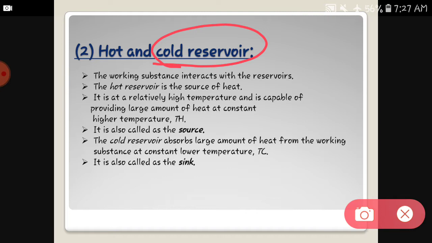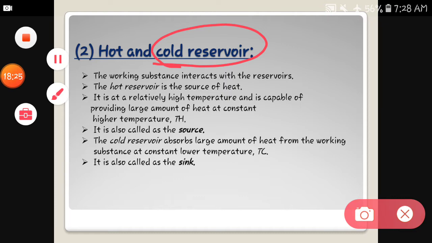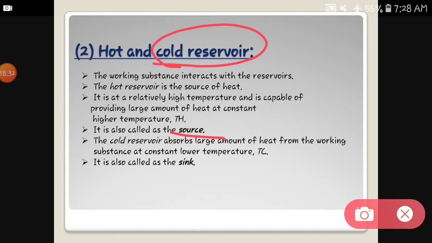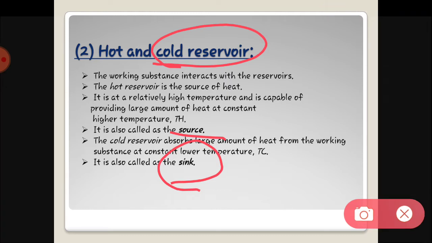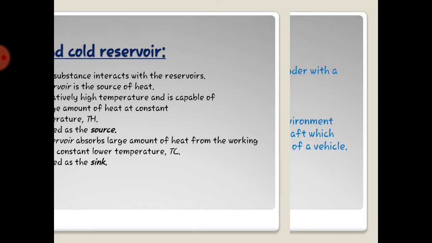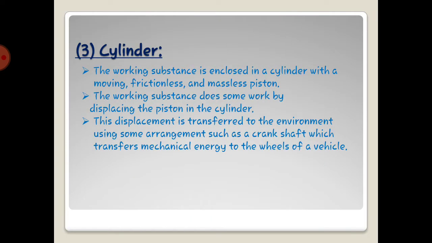So this is the basic difference between source and sink. Source deals with higher temperature and gives out the heat, and sink is at lower temperature and absorbs the heat. So this is all about the hot and cold reservoir. Now the last term is cylinder. What exactly is a cylinder?